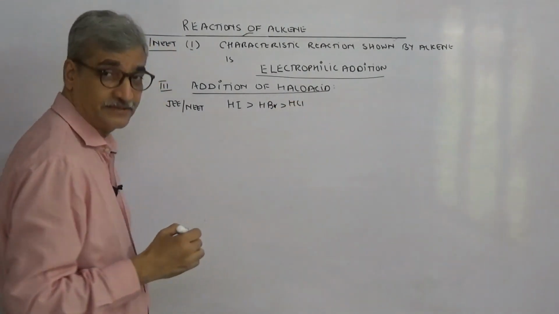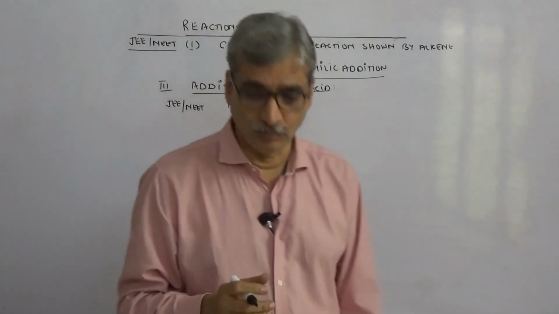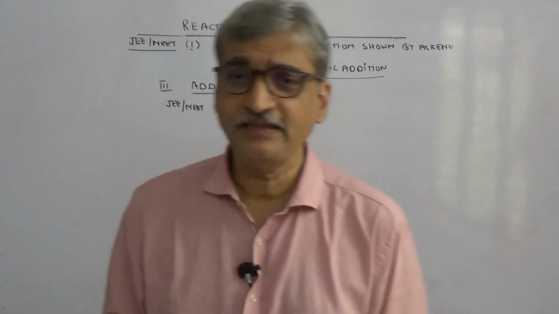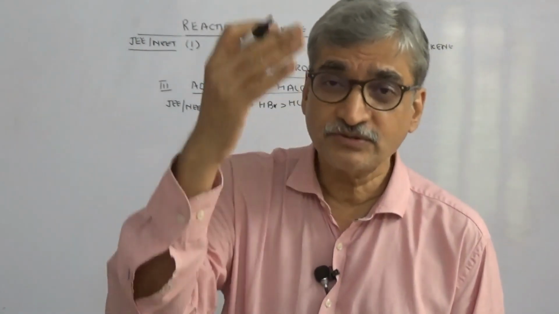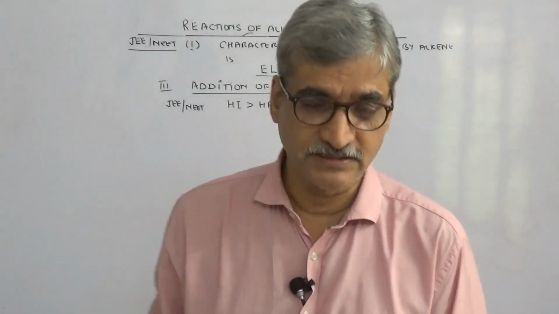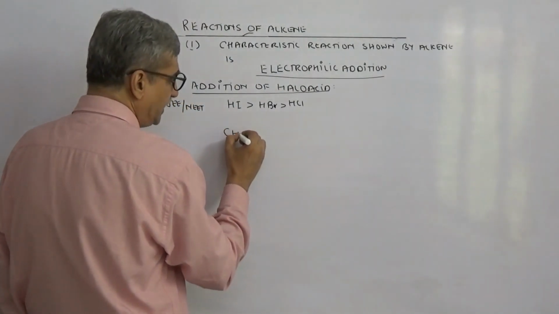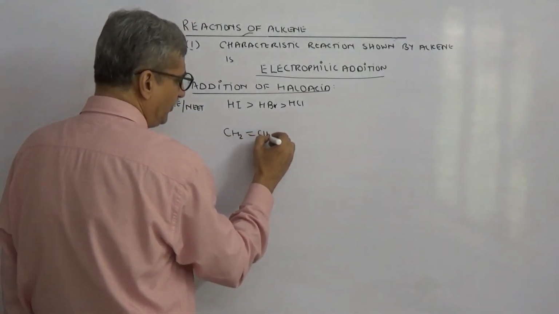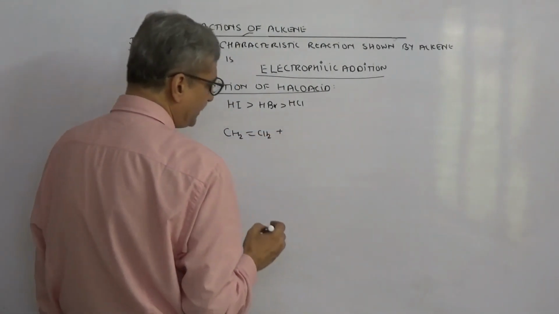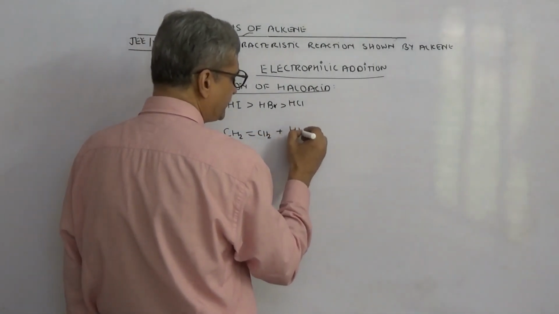Obviously you will ask why? In HI, the bond length is more. So if the bond length is more, it is weak, and so it can be broken very easily. Is this point clear? So if you have CH2 double bond CH2 plus, let us say, HBr.